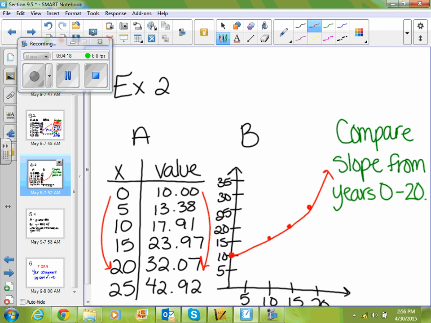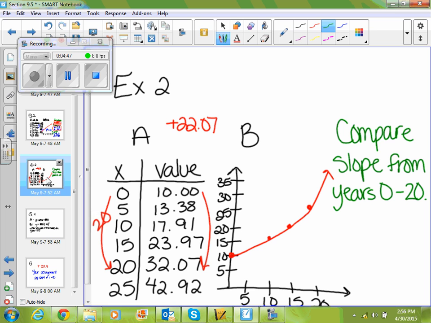So from 0 to 20, I'm going up, how many? 20. Okay, what do we do to get from 10 to 32.07? Okay, so I'm going to add 22.07. So over 20 years, I gained $22.07.